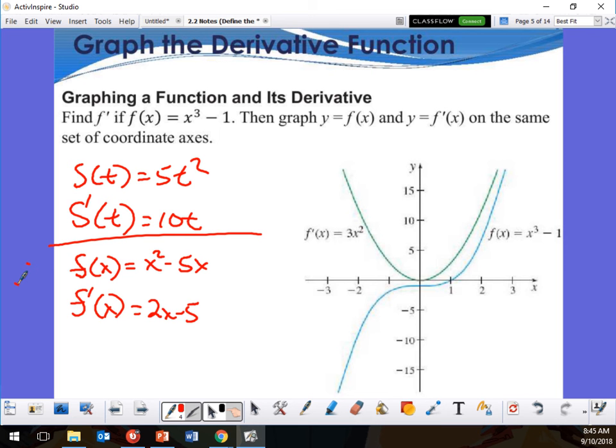Now, x to the fourth. It's both up, right? So all even numbers should be ending in the same place. So if I have an x to the fourth, both should go up. If I have an x to the fifth, I should have one up and one down, right? That's very good understanding.